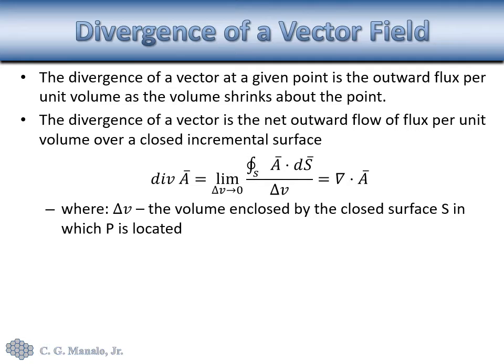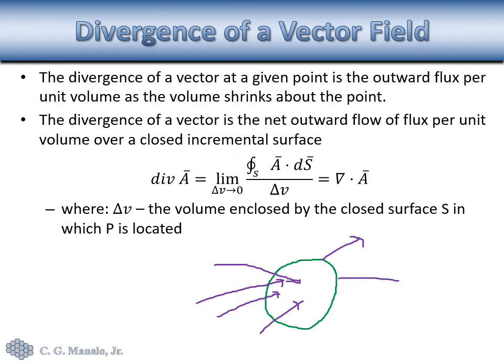But let's make a more formal definition of that. Let's say I have here a small volume, and let's say flux is entering that volume, and it is also leaving that volume.